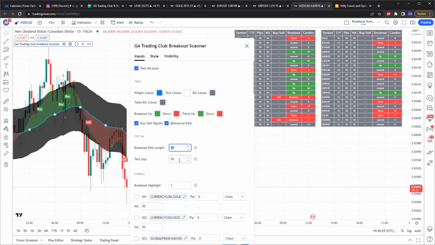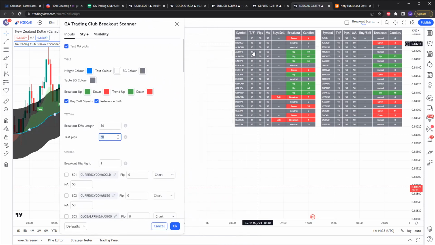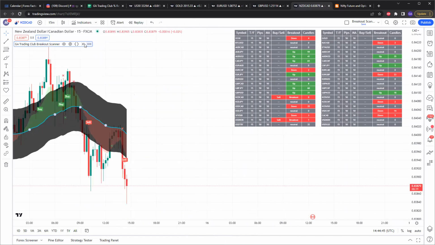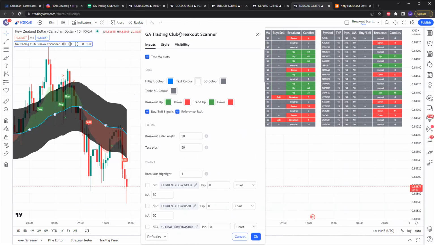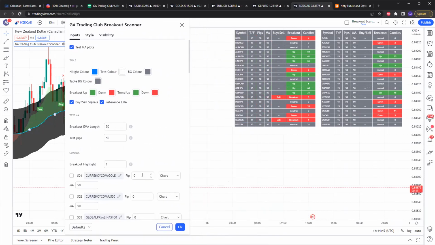Okay, test pips. Test pips here should remain 50 for everything. However, if you do want to change individual instruments, we have like 30 or however many instruments in here, most of them Forex pairs. If 50 doesn't work for you for Bitcoin or US 30, you'd come in here, go to gold or US 30 and change it to say 100.